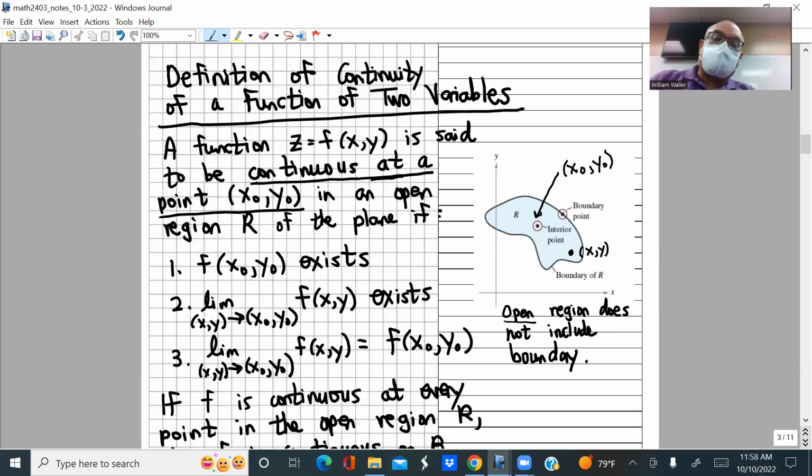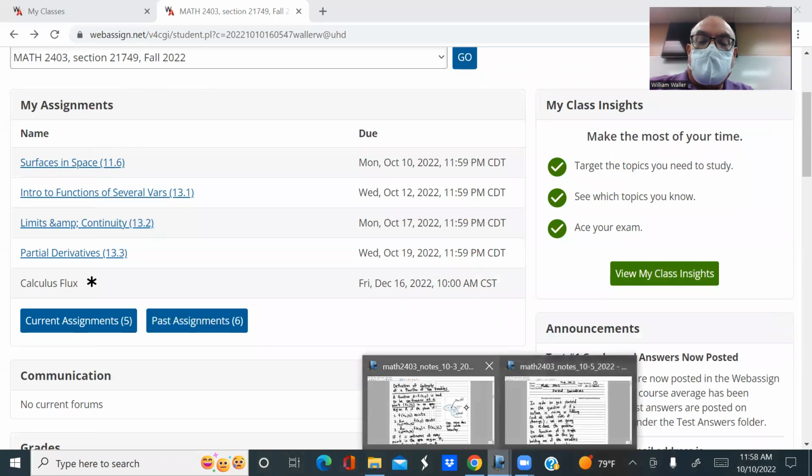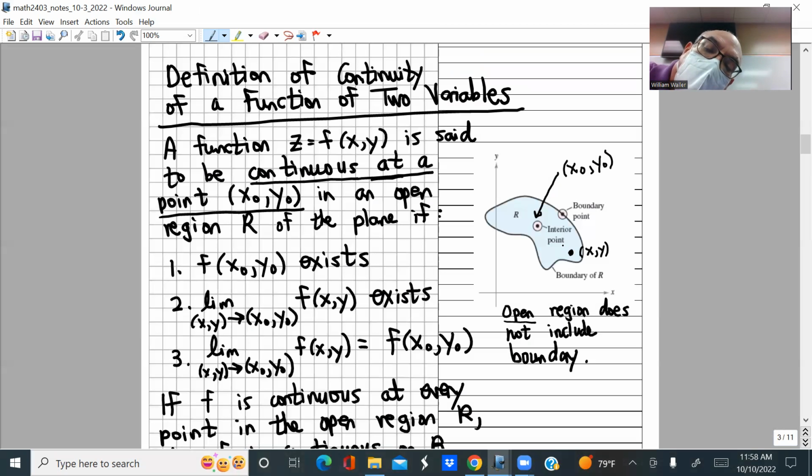What this line 2 means is if you let inputs approach the input in question, if you let them get closer and closer to this input in question, then this limit of the function values has to exist.